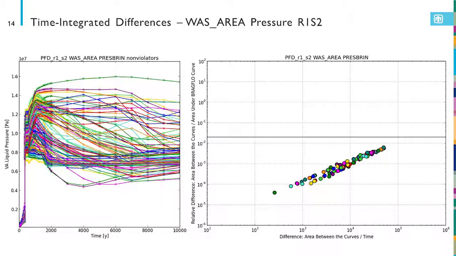So we went ahead and applied our time averaging integration, and then plotted the relative difference versus the absolute difference. And this line right here is a 2% relative difference, and you can see that the difference is less than 1% for every single one of the lines on this horsetail plot.